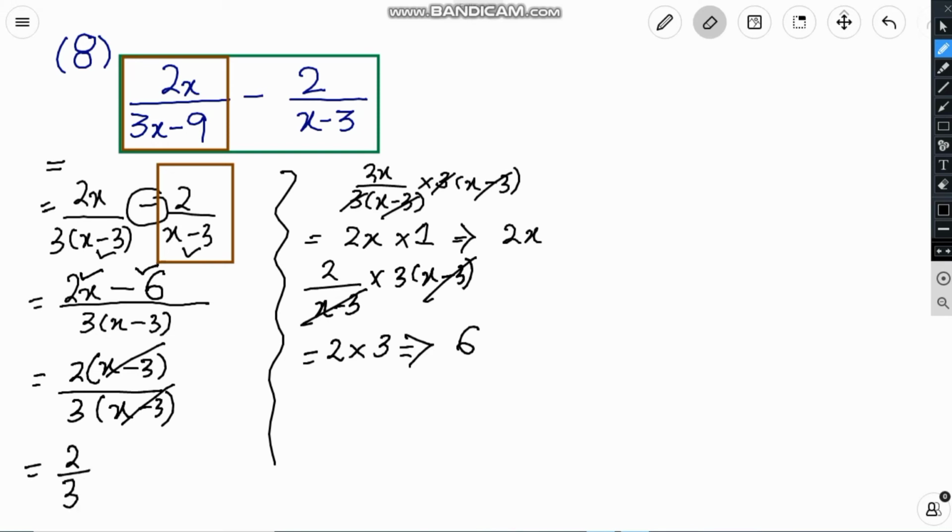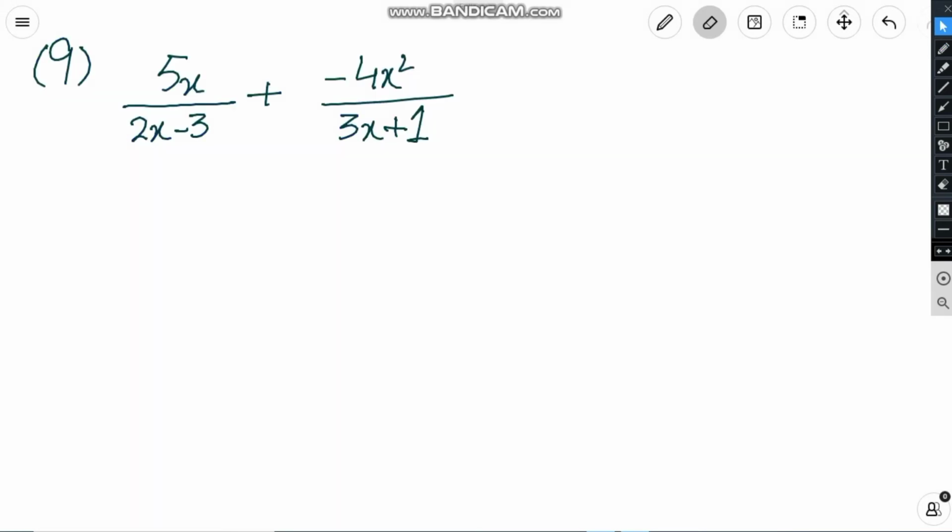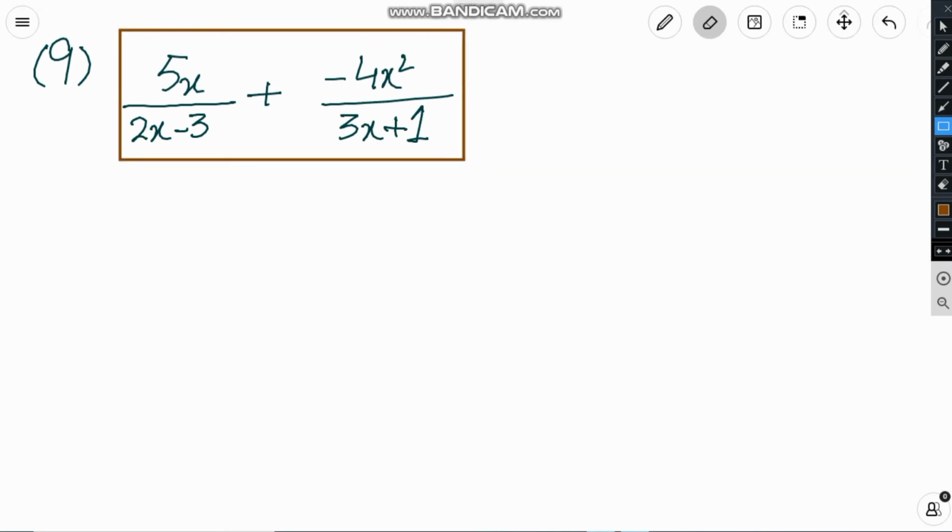As you can see, this is the easiest method you can use to add or subtract any rational expressions having the same or different denominators. So let's move towards the next question. In this question again we are given rational expressions having different denominators. So first look at your question. Can you make it simpler?